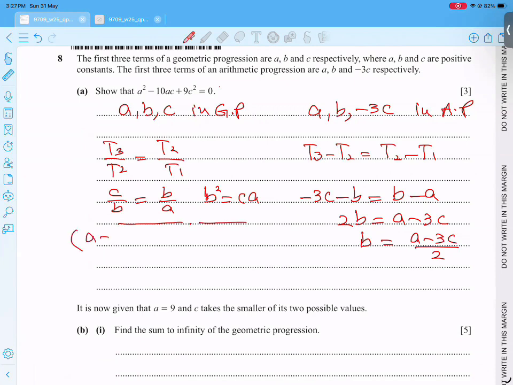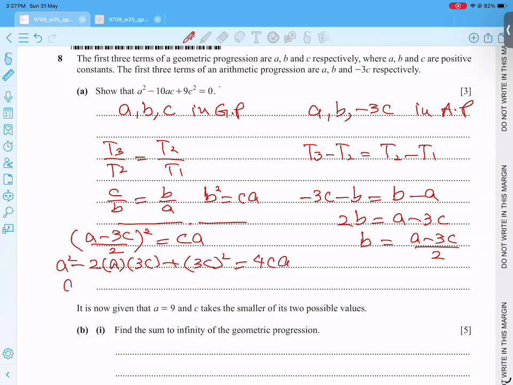So a minus 3c over 2, whole squared, equals ca. So first term squared, negative 2 into first term into second term, plus second term squared, over 2 squared gives us 4, and that 4 multiplies the right-hand side, so it becomes 4ca.